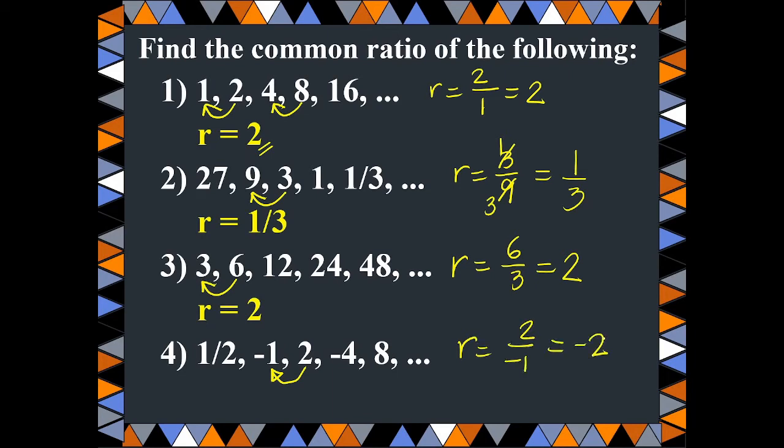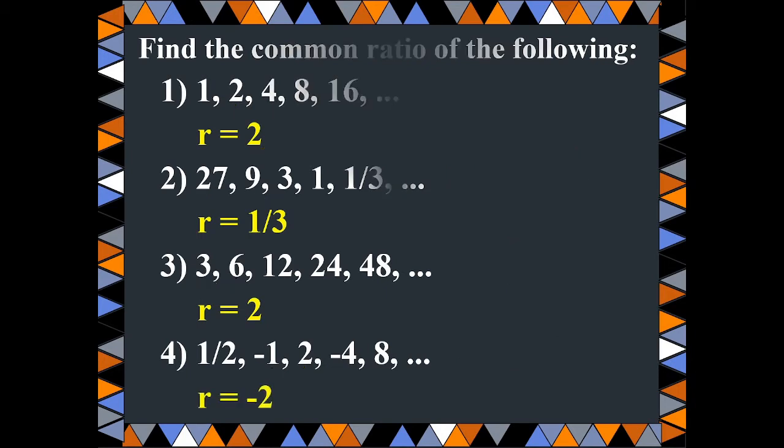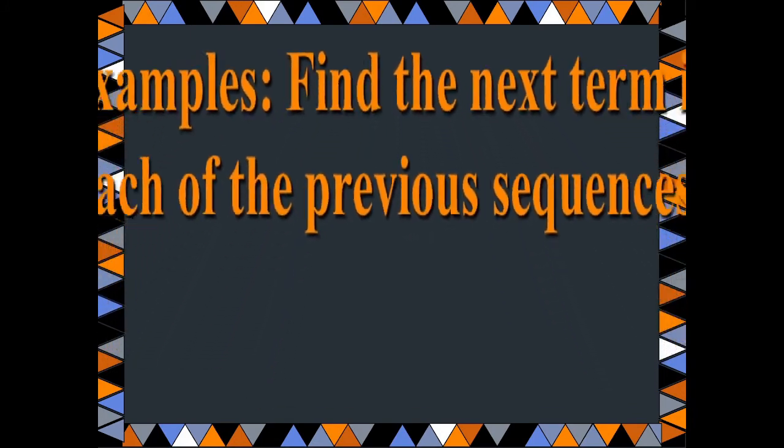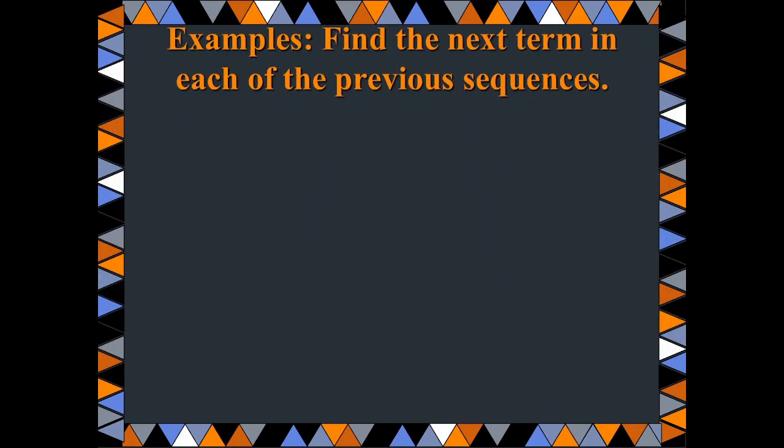Therefore, the common ratio for number 4 is negative 2. Okay? Now, let's have finding the next terms. What if I ask you for the next term, just one term for each of the following sequences? Now, how did I get 32 here? The common ratio here a while ago was 2.